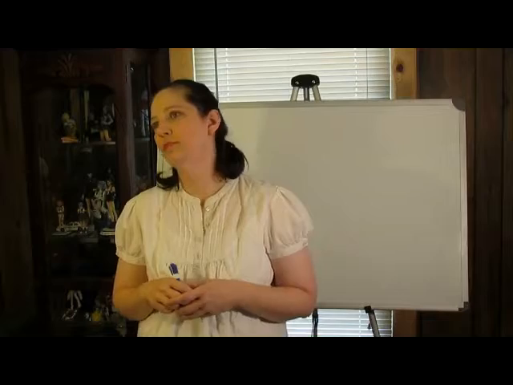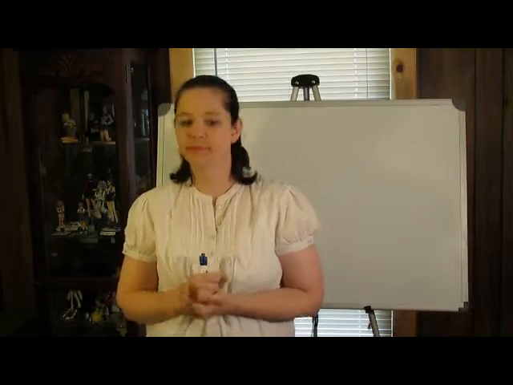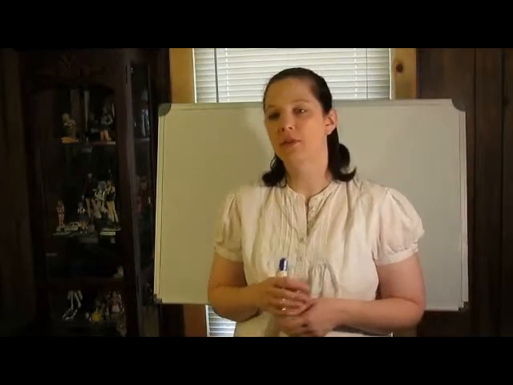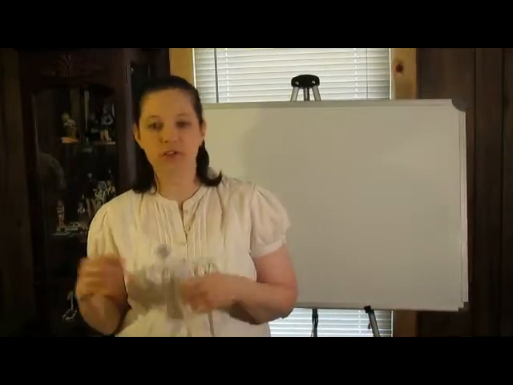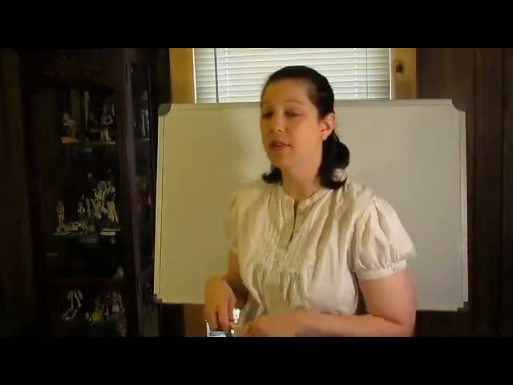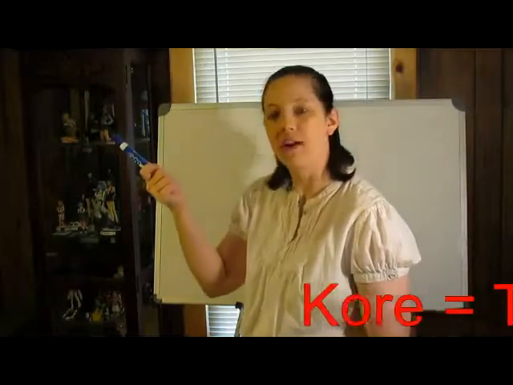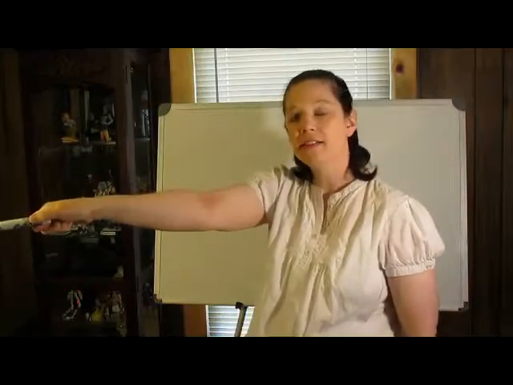For more official, polite, formal, business related stuff, you'll see Nippon. But if you are just talking with your friends, you're probably going to say Nihon. And then there's this, kore. And then there's that, sore.